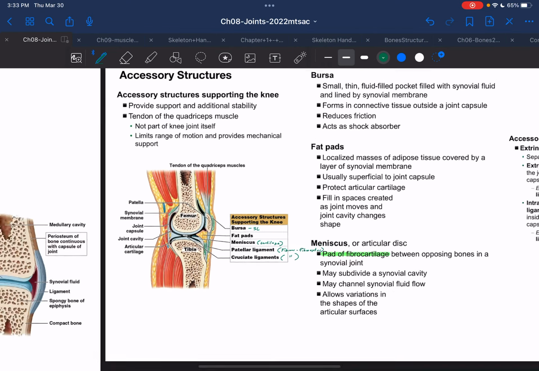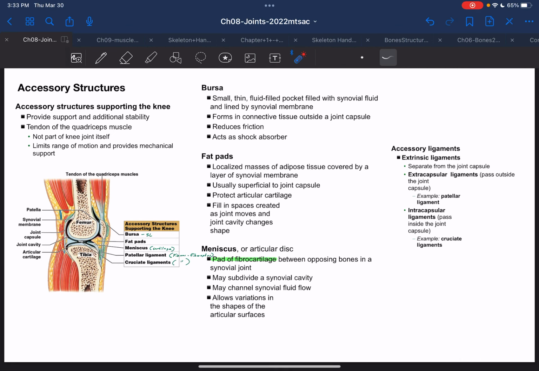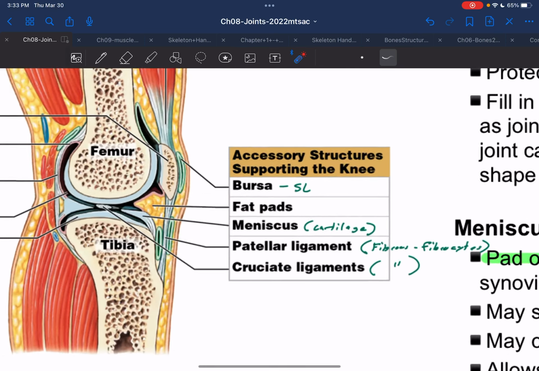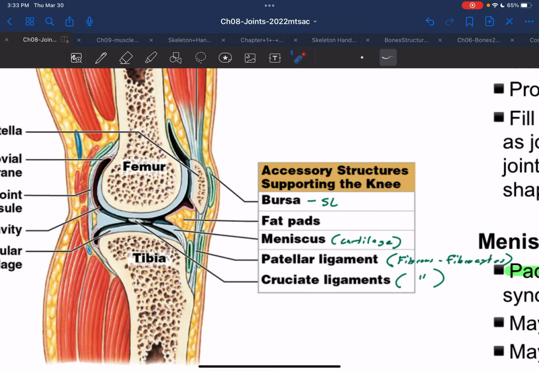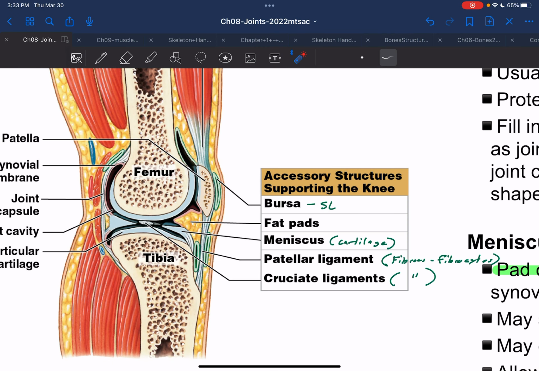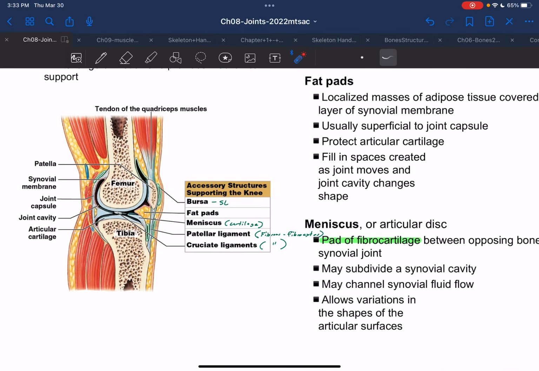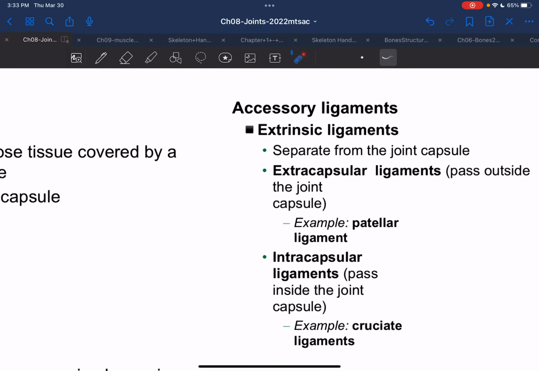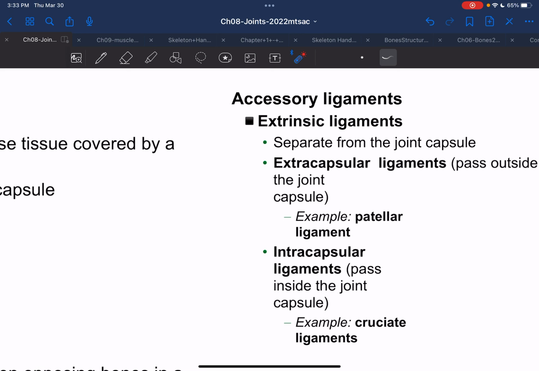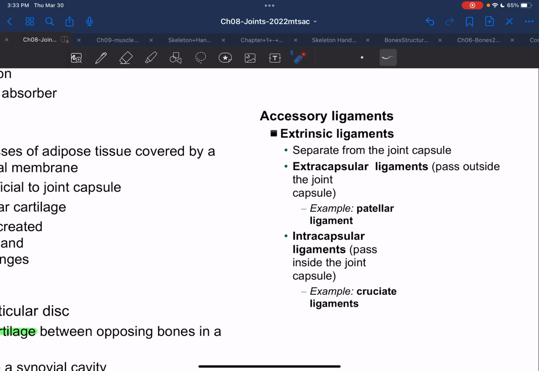All right, so let's see. Bursa, fat pads, meniscus, and now our ligaments. So when we examine our ligaments now, you'll see that there are patellar ligaments and cruciate ligaments. This is a good one to explore, extrinsic or intrinsic ligaments. And what that means is outer and inner.